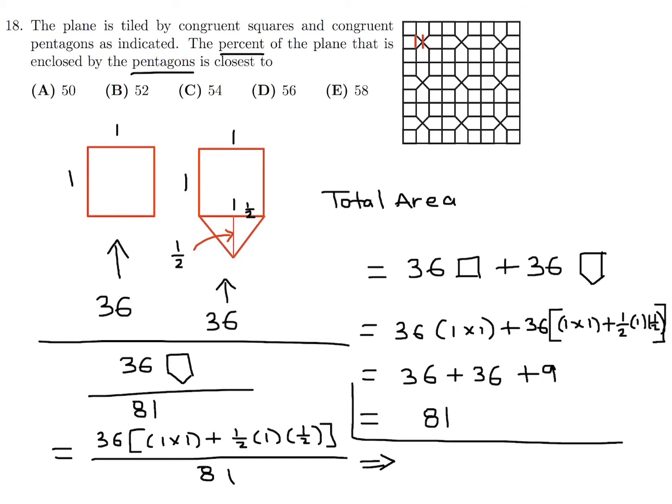And this looks like 36 plus, same thing, a quarter times 36, which is 9, over 81. And this looks like 45 over 81. And this is approximately 55.5%. And therefore, the closest to 55.5 is 56. So 18 is D.